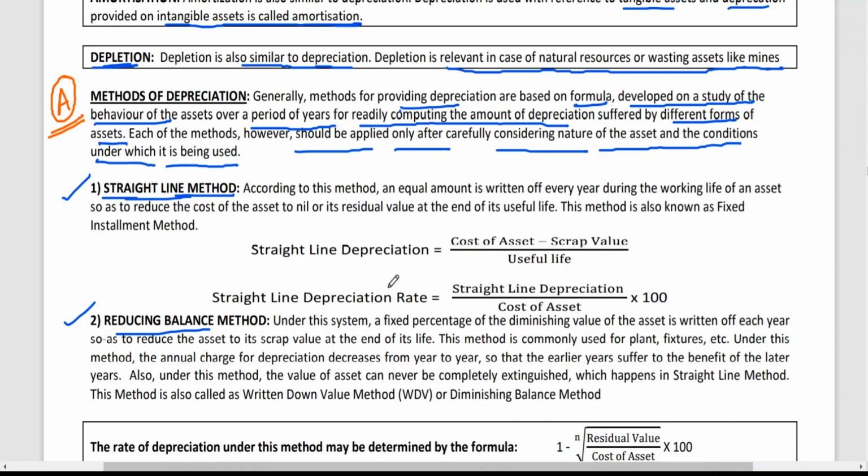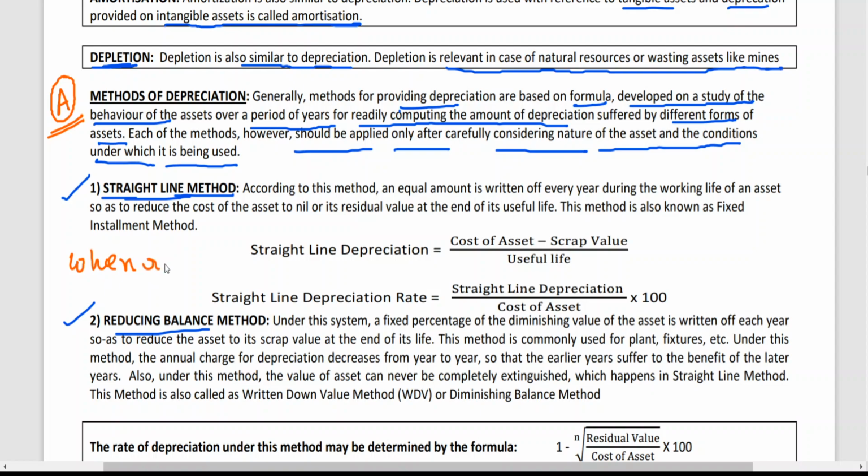But if the rate of depreciation is not given, then this formula is used.